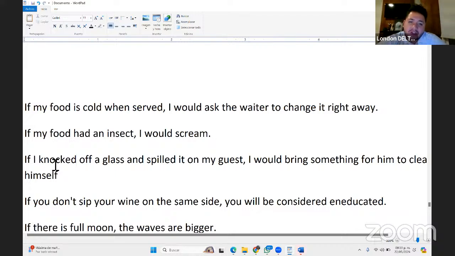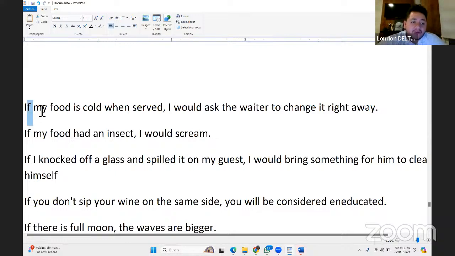In other languages, the word has a different ending or is changed when you use the subjunctive mood. But in English, you just use the past. So when you see the verb in the past, and you see if, remember that the sentence is not in the past. It's just a supposition, right?